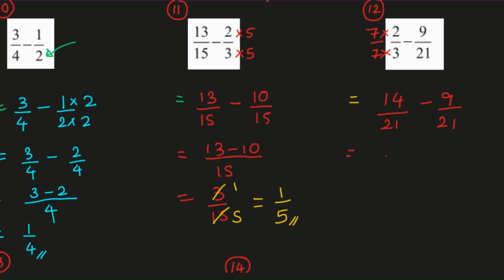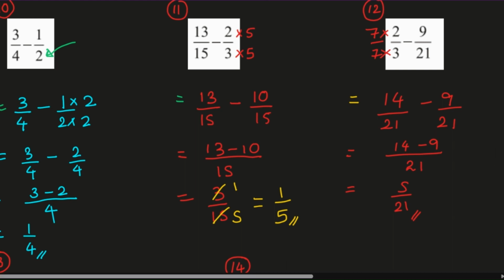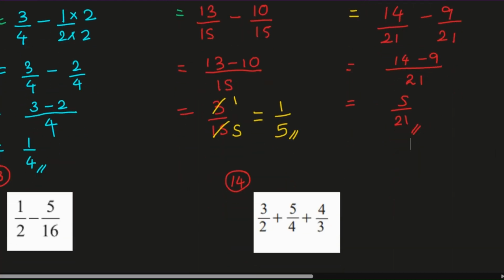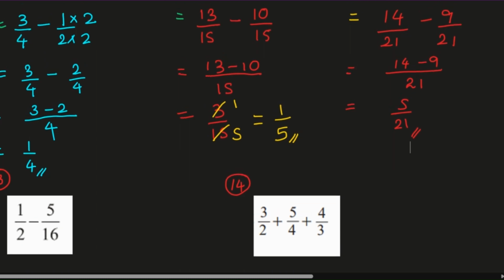So now the denominators are same, which is 21, and the answer's denominator also will be 21. So you can write 14 minus 9. So 5 upon 21. Now the denominator and the numerator cannot be divided by a similar value. So you should keep the answer as it is, right? No equivalent fractions for 5 upon 21.